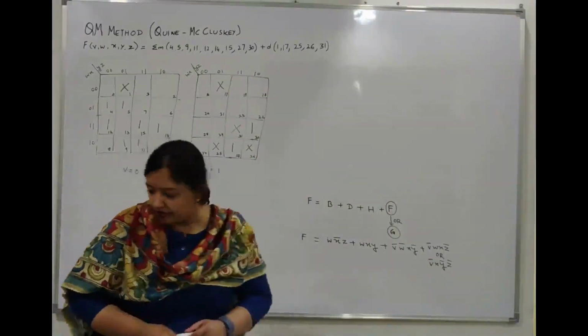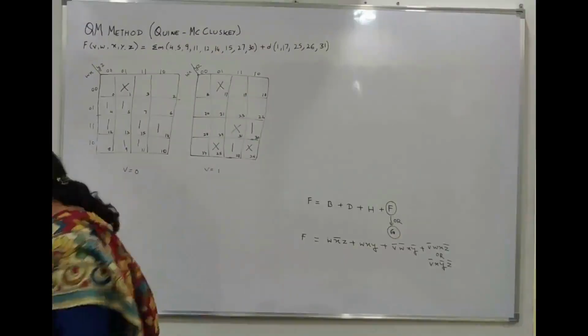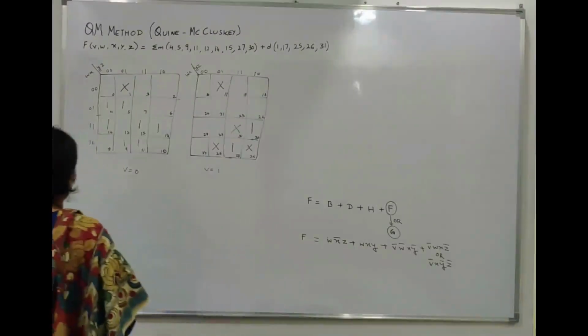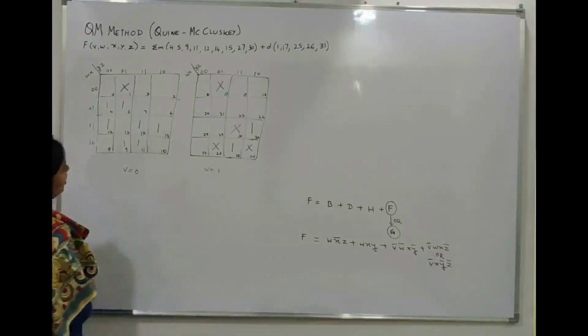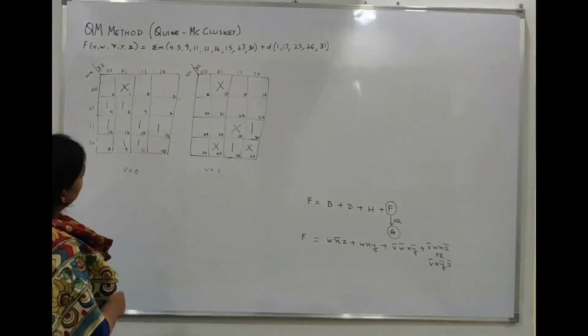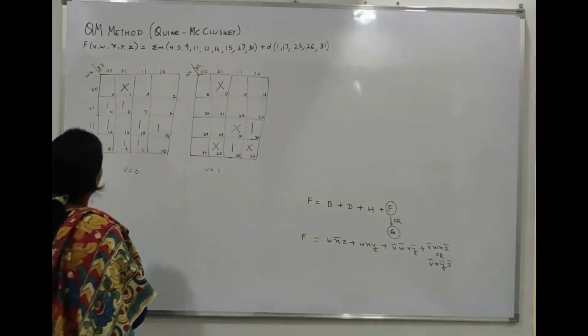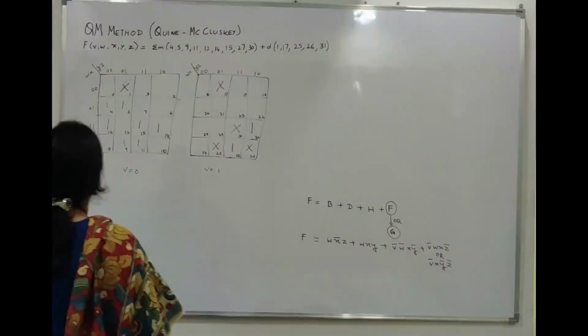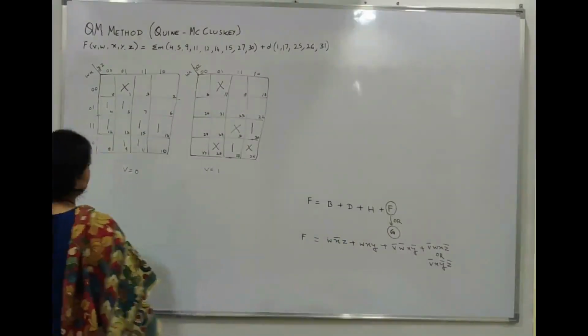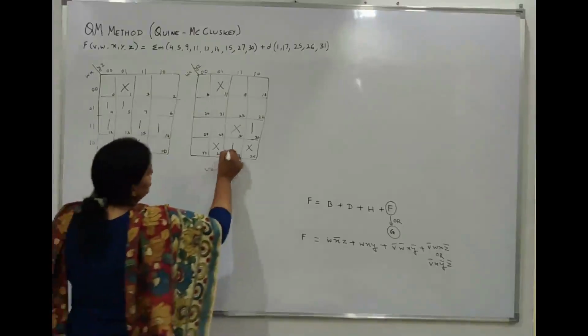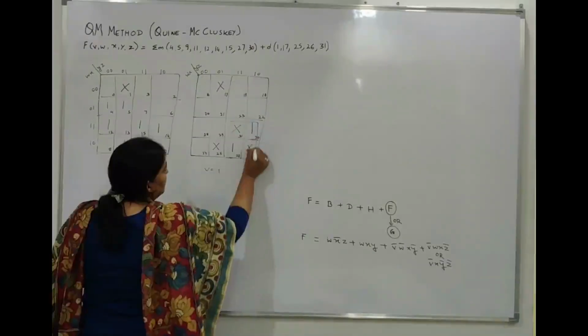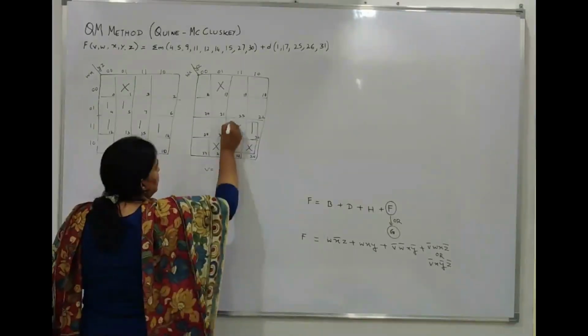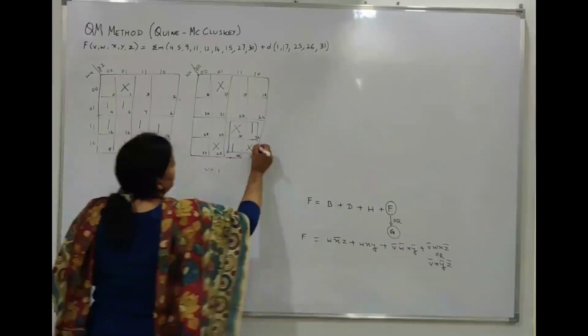You can see the markings. What all can be made? We have to just cover the minterms. So this is one. So what is this?